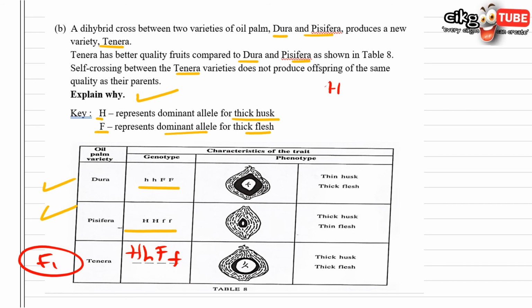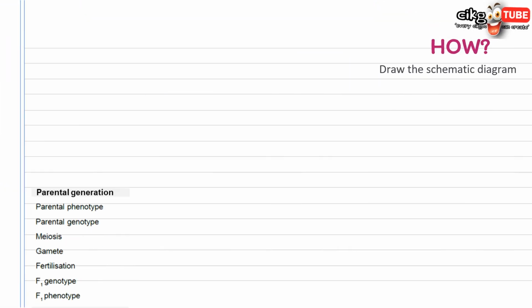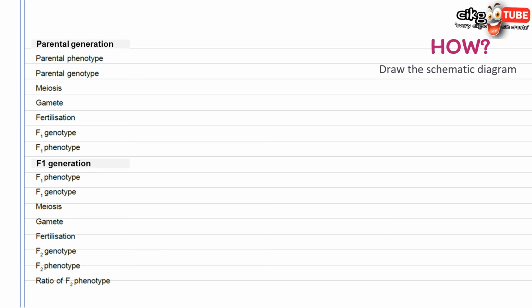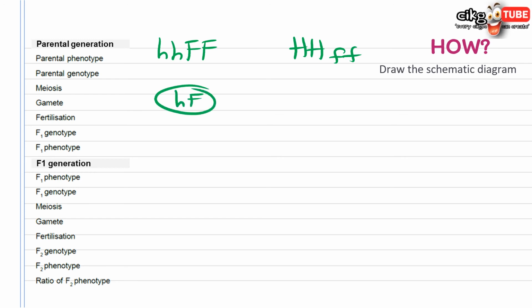So here we have to use the dihybrid cross. From the question just now, let me just put it back again. So we have Dura and also Piscifera, hhFF and HHff. So after meiosis, the gametes we have here are hF, and here we have Hf.